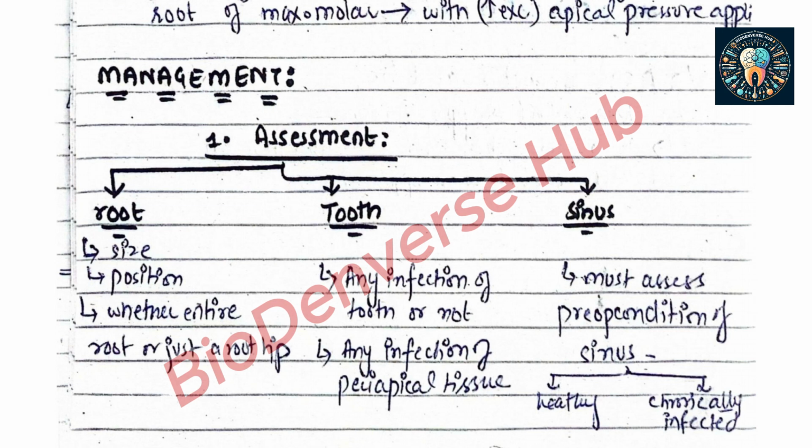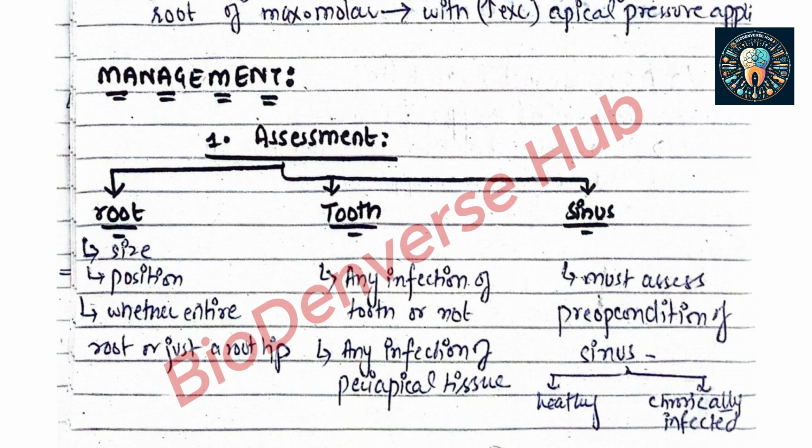Now we will be studying the management of root displacement. First of all, we need to do an assessment of three things: the root, the tooth and the sinus. After the assessment, we will decide our treatment and management for that case. To assess the root, you need to assess its size and position, whether the entire root or just a root tip has been displaced into the sinus.